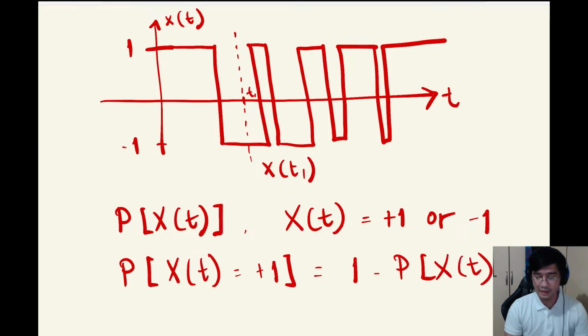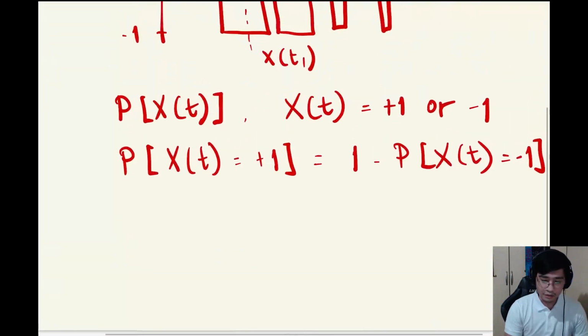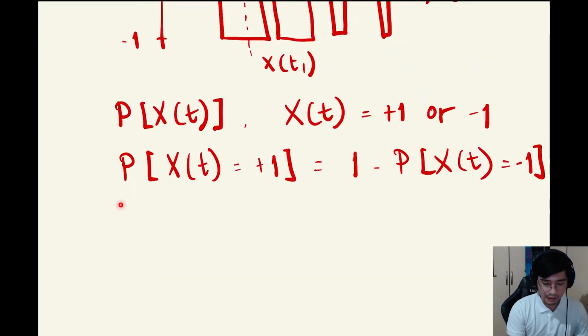So this expression must follow because when we add the two probabilities together, they make up equal to 1. That is just the consequence of the axiom of probability. So you could just review that. So we can choose which one we should compute or which one we should solve.